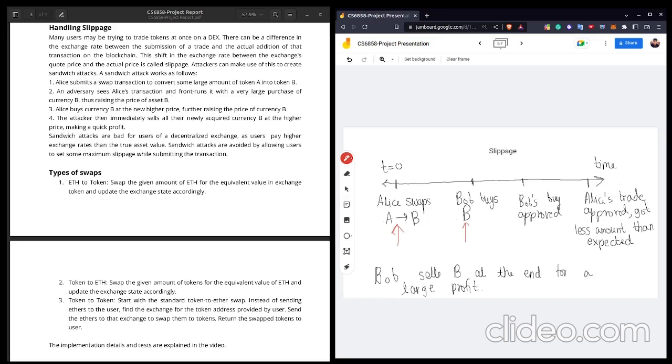Thus, we can see that sandwich attacks are bad for users, as users pay higher exchange rates than the true asset value. Sandwich attacks can be avoided by allowing users to set some maximum slippage while submitting the transaction.